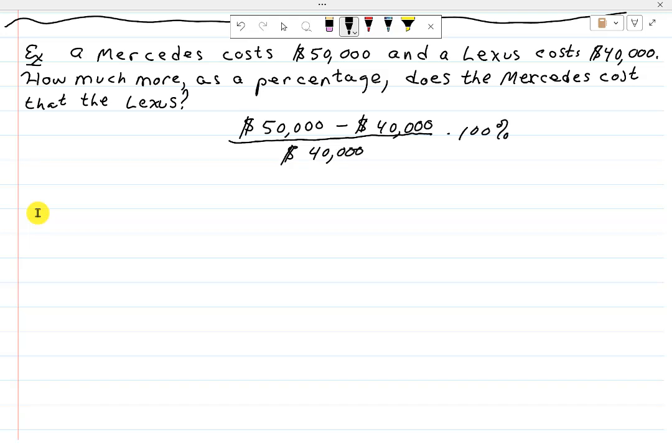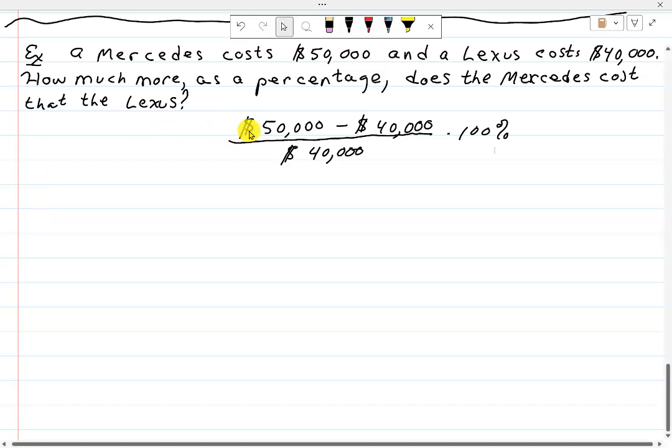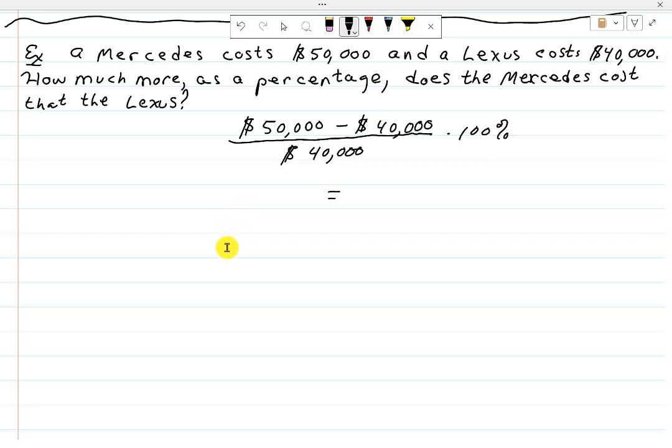Now keep in mind that all these dollar signs will cancel out in the mathematics that is done. What we end up with inside of here is 10,000 over 40,000. In other words, we end up with 0.25 times 100%, or 25%. So we can say that the Mercedes costs 25% more than the Lexus.